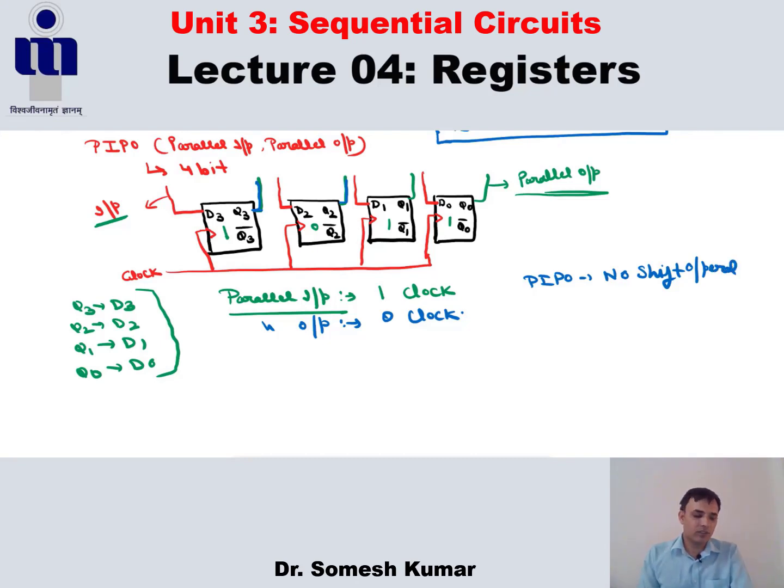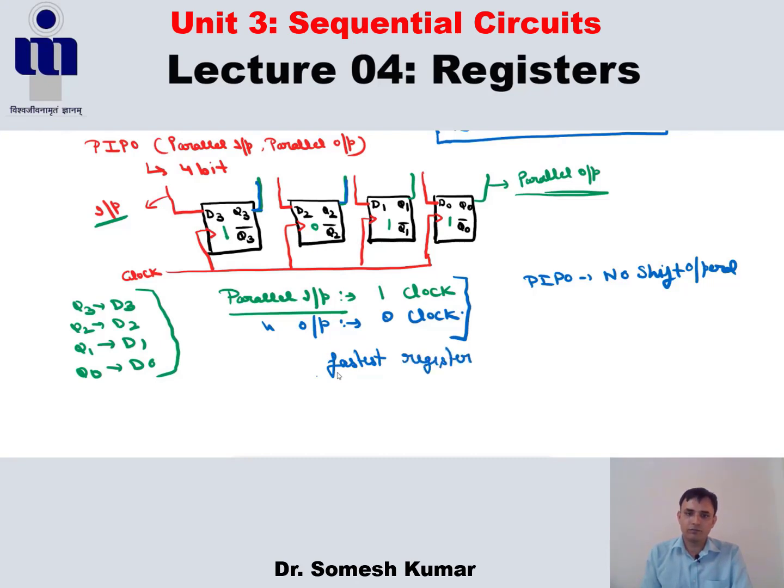This is a temporary storage of data. PIPO is used for temporary storage of data in a microprocessor, DSP or microcontroller. Here only one clock pulse is needed for the complete operation, so it is also called the fastest register.